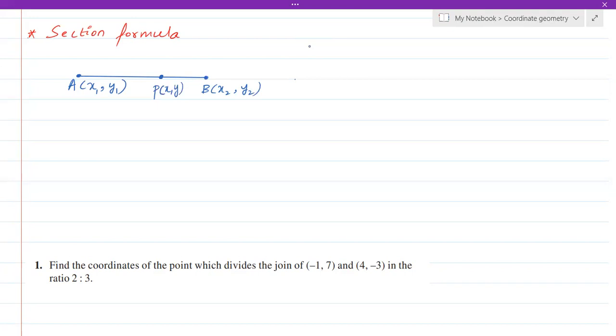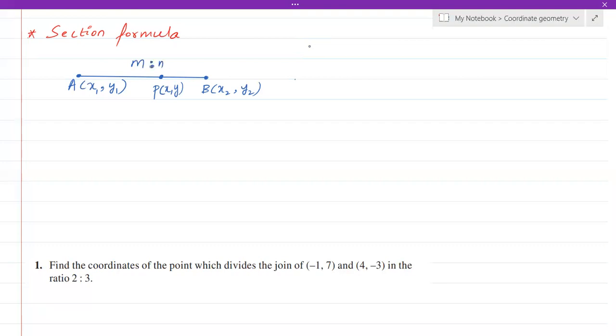As soon as you place the point P on the line segment, AB is divided into two parts, AP and PB. Let's say AP and PB are divided in the ratio m:1.